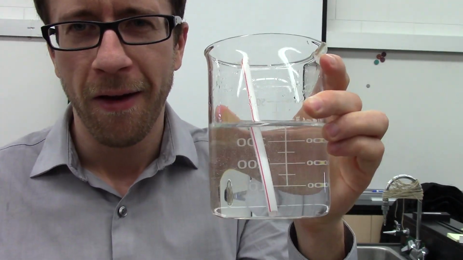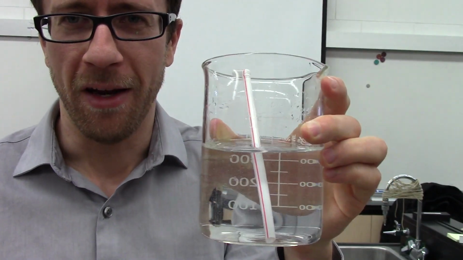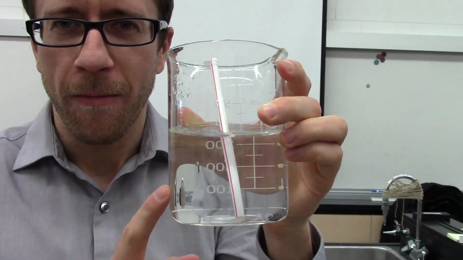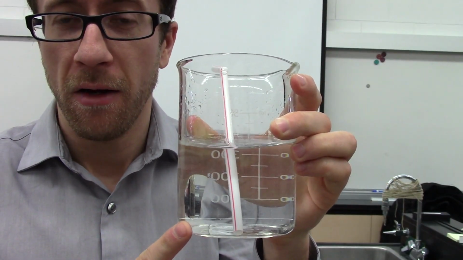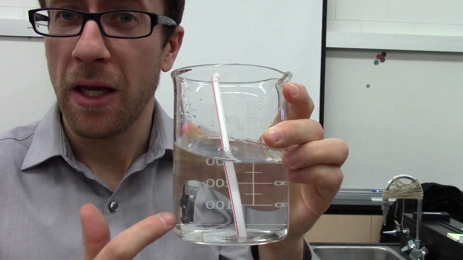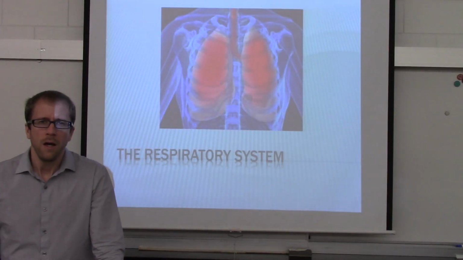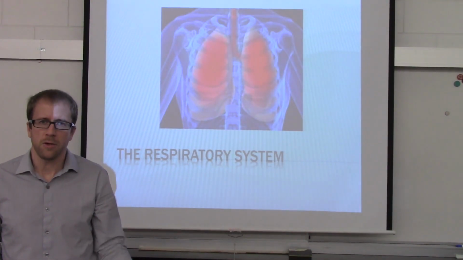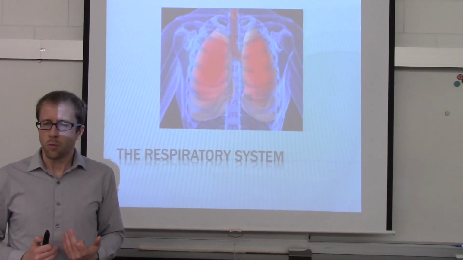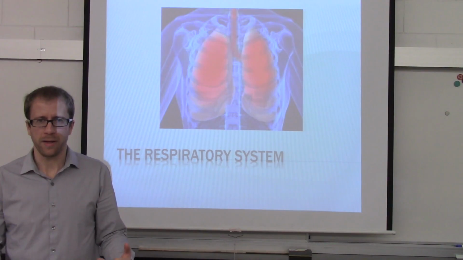Huh. Why did that happen? Why did the solution go clear? Right, this is a pH indicator. Think about it. Okay, let's answer that riddle by exploring why we breathe in the first place.